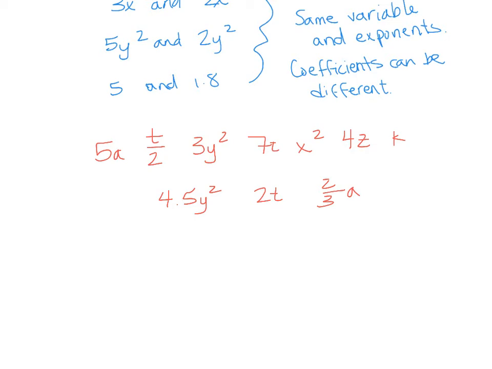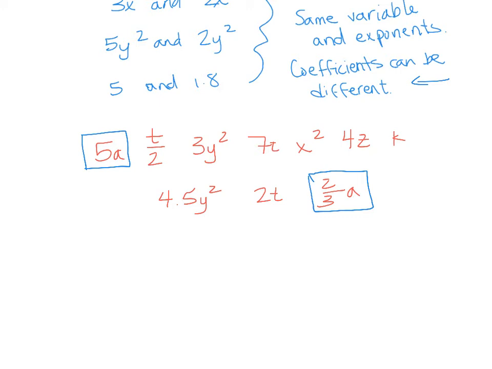So, I'm going to put a box around 5a, okay? And then any other term that has an a with no exponent is going to get a box. So, here we go. There's a term with an a and there's no exponent. The coefficients are different, but that is okay.